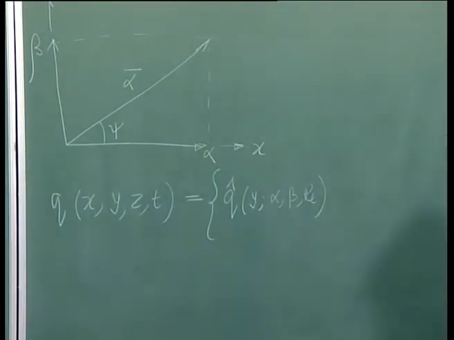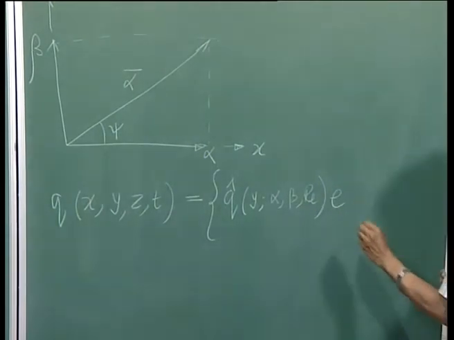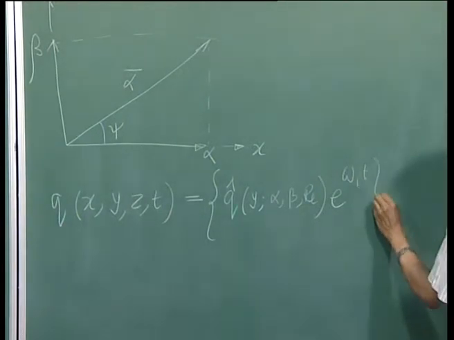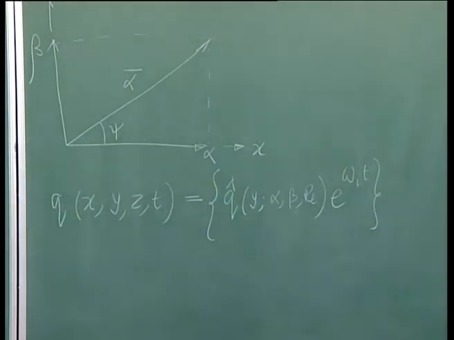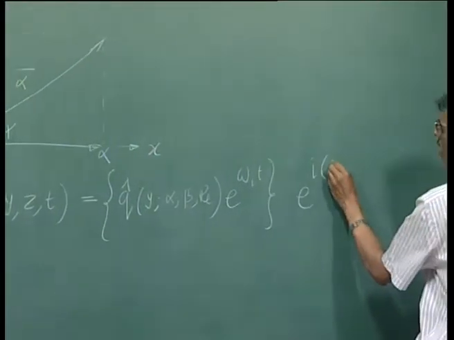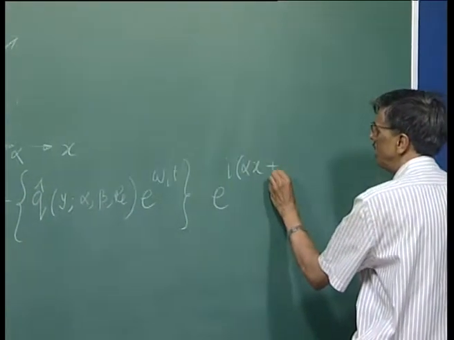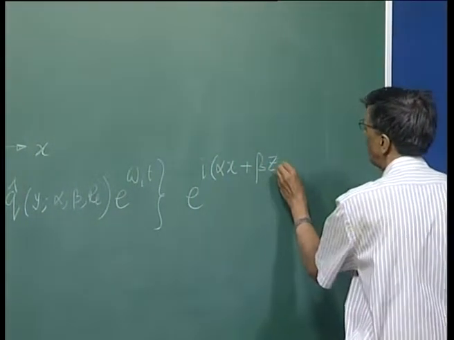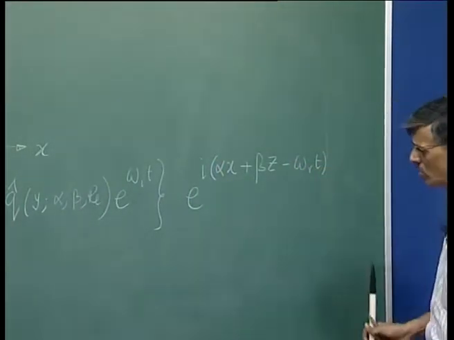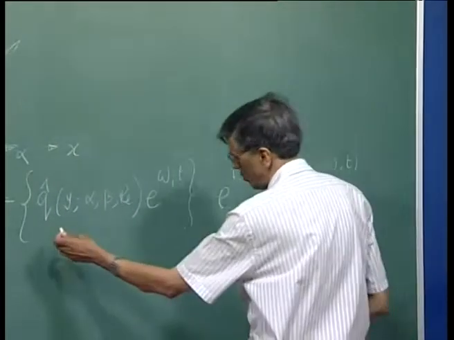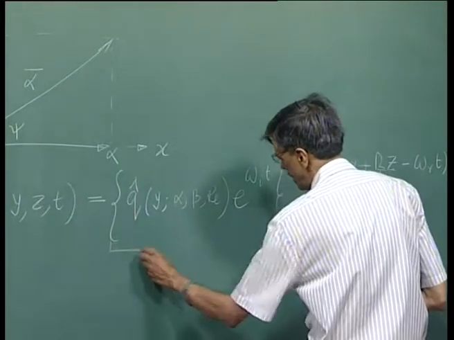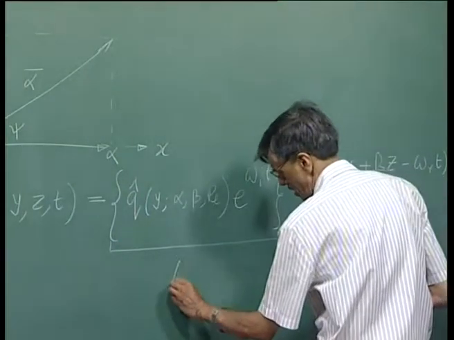And what else did we have? We also had e to the power i times the phase part, given by alpha x plus beta z minus omega r t. This quantity that I have written here within braces is nothing but what I call A.